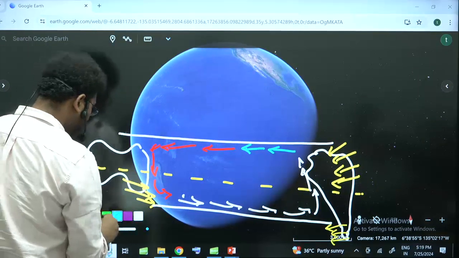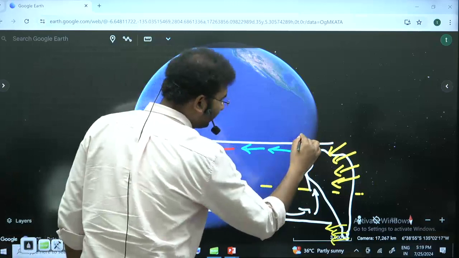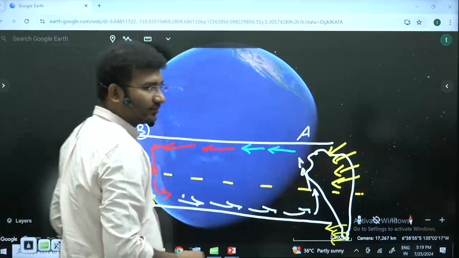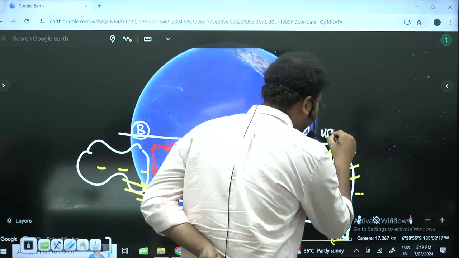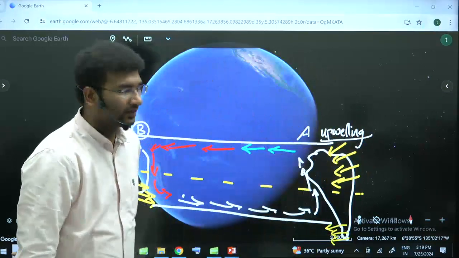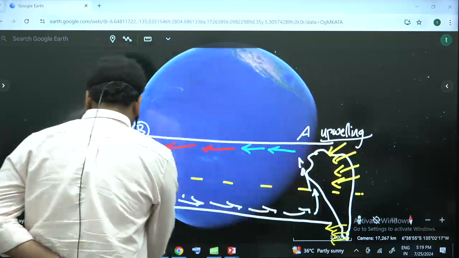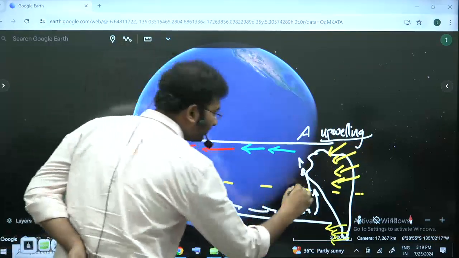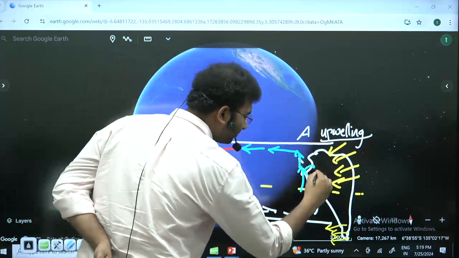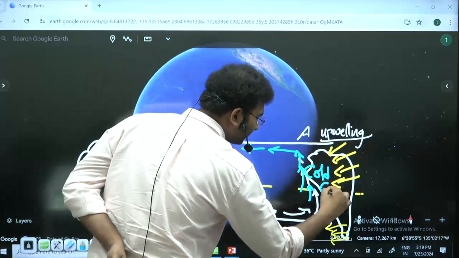So where do you find upwelling and where do you find downwarping? This is point A, this is point B side. This is upwelling. At upwelling, what kind of water do you have? You have cold water. That means, can I say that this current is cold? If you have your atlas, open your atlas, this is cold current.